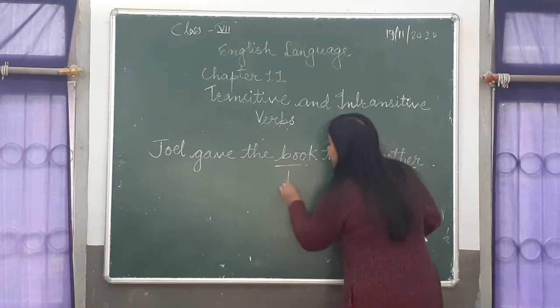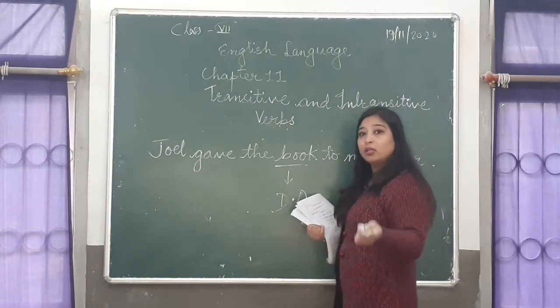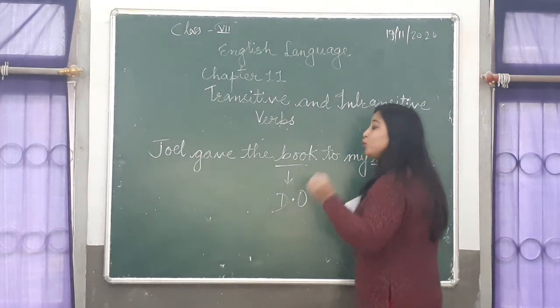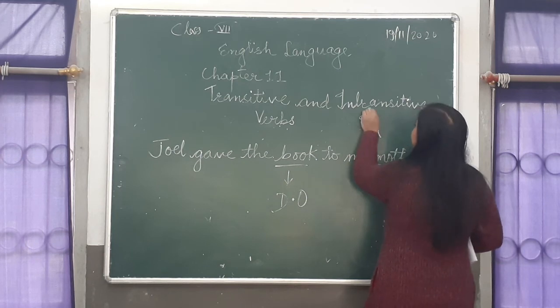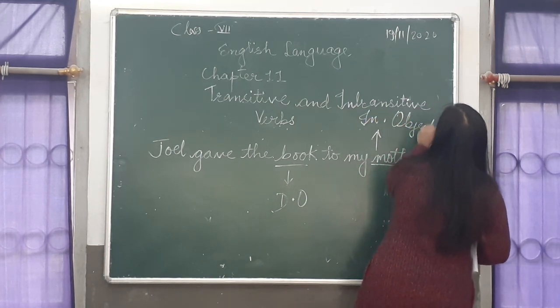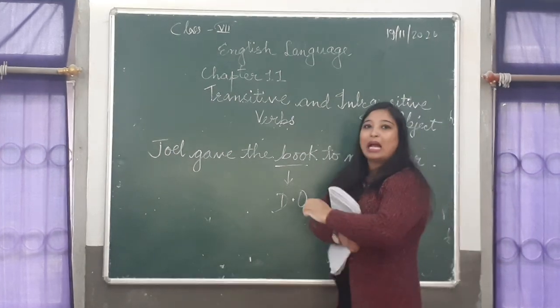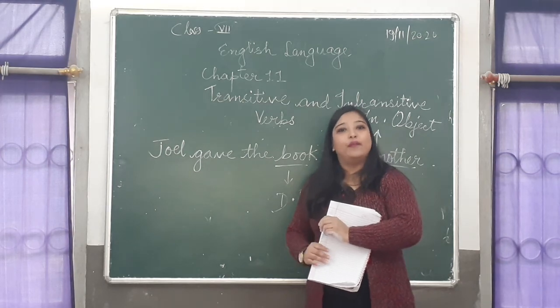This one is the direct object. Joel gave what? Book. To whom? To my mother. My mother over here is an indirect object. Understood? So at times there are two objects in the transitive verbs.